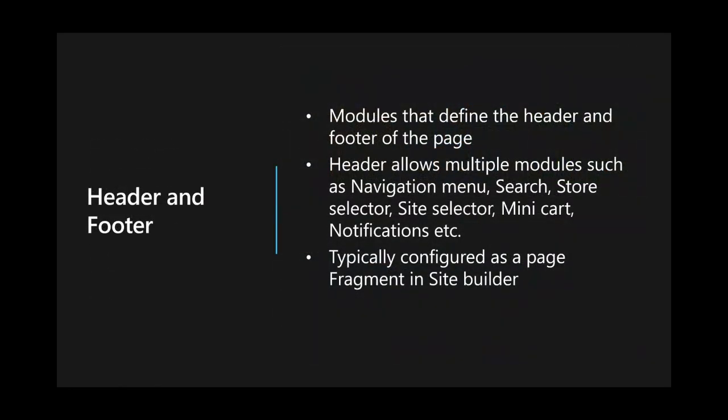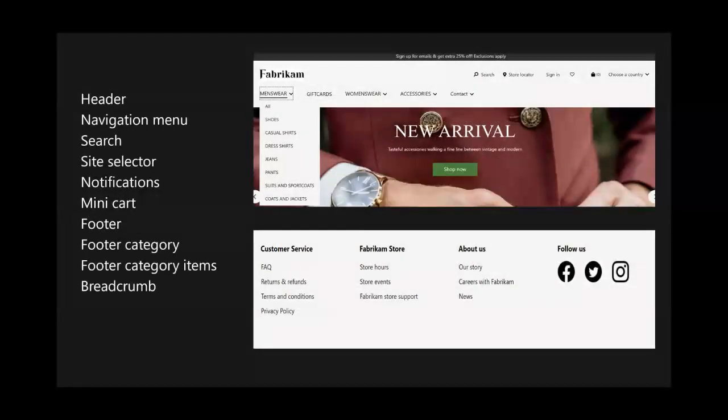Header and footer. We talked a lot about header. So the modules that define the header and the footer of the page are part of the header and footer module classification. Header, we talked about all the different modules that are supported. We actually saw the demo. Typically, as I mentioned earlier, both header and footer are configured as a page fragment. And here is the list of modules that are supported on the header and footer.